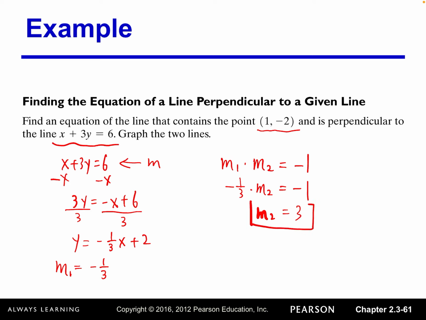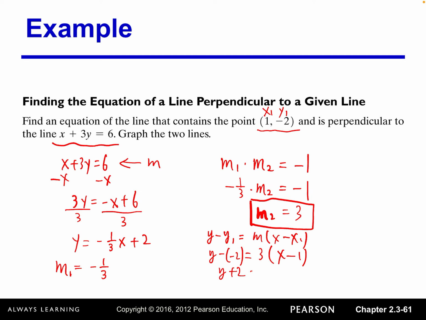So now we know the slope of the line we're looking for, and we know the point. This is denoted as x1, y1. We can use the point-slope form to find the line equation. y minus y1 equals m times x minus x1. So y minus -2 equals 3 times x minus 1.